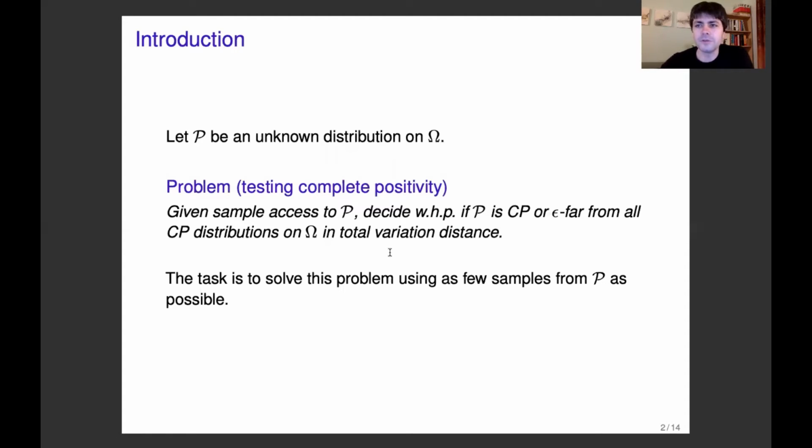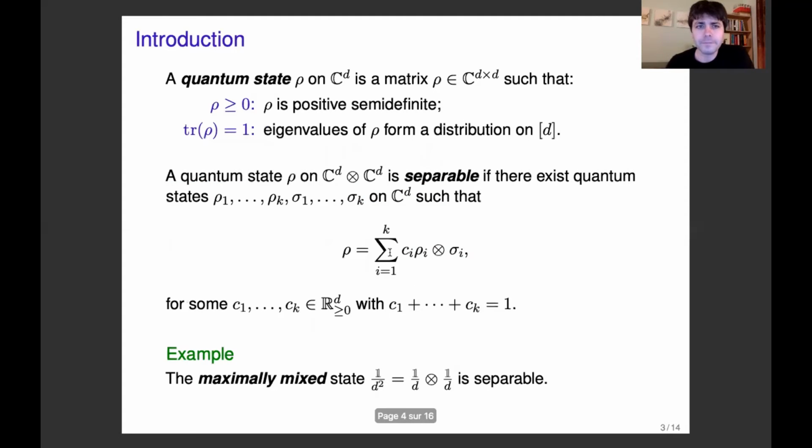This problem is motivated by the problem of testing quantum separability. So a quantum state rho on C^d, and here you should think of C^d as [d] in the classical case, is a d by d complex matrix, which is positive semi-definite and has trace 1. So basically the eigenvalues of rho form a distribution on [d].